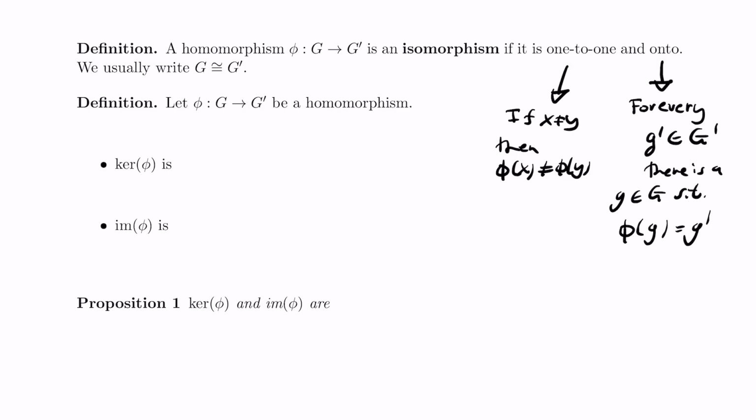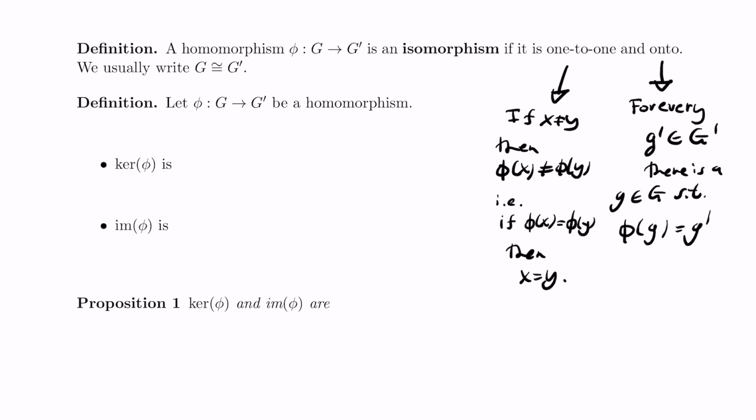Now, practically, this is not a very useful way in general to actually prove things are one-to-one. Usually, it is easier to use the contrapositive, and that is that if phi of x and phi of y are the same, meaning the outputs are the same, then the inputs must have been the same to begin with.